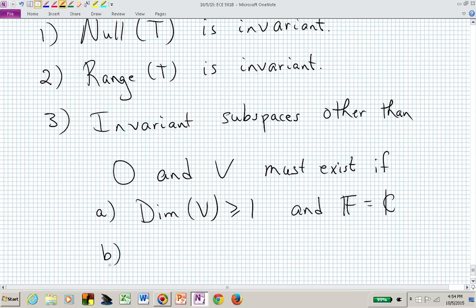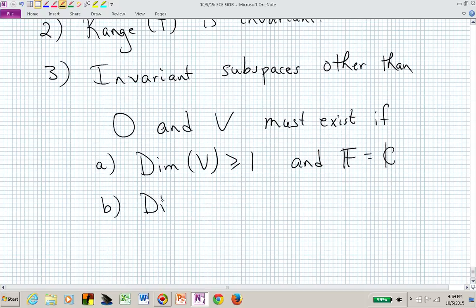Then B, we could have another invariant subspace if the dimension of V, and pay close attention to that inequality, it's a strict inequality, is greater than 2, but now our field of numbers is real.